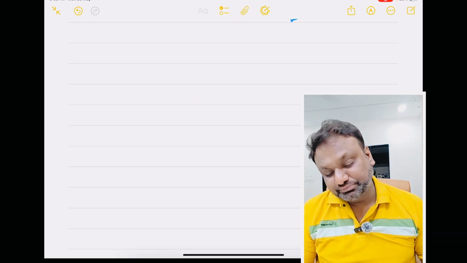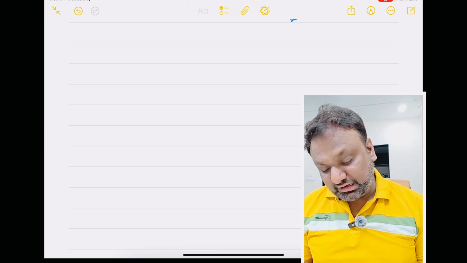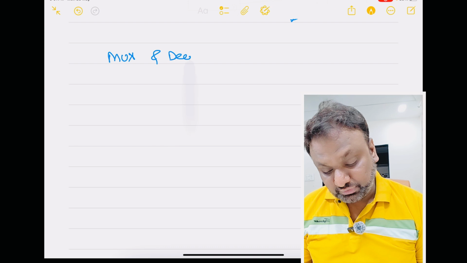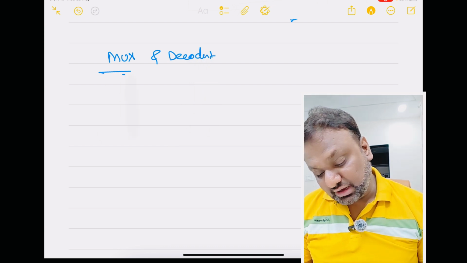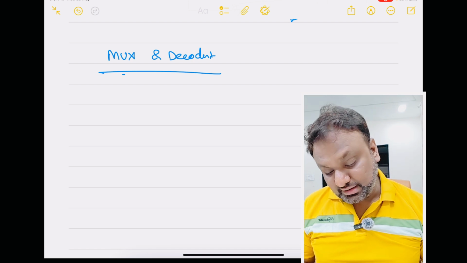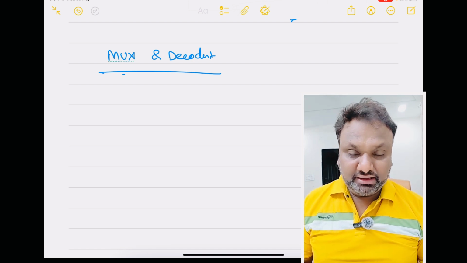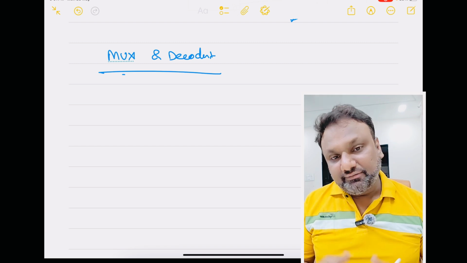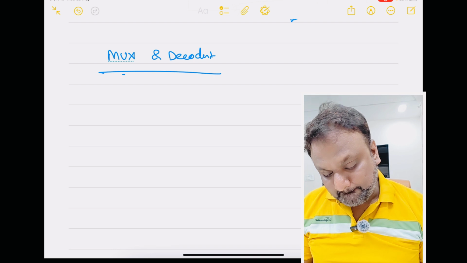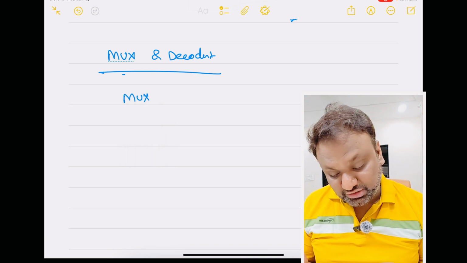Okay, so what is the difference? Now I have multiplexer and I have a decoder. If you ask which is better, multiplexer or decoder? Multiplexer is having only one output. If you take the example of a full adder, how many multiplexers should I use?